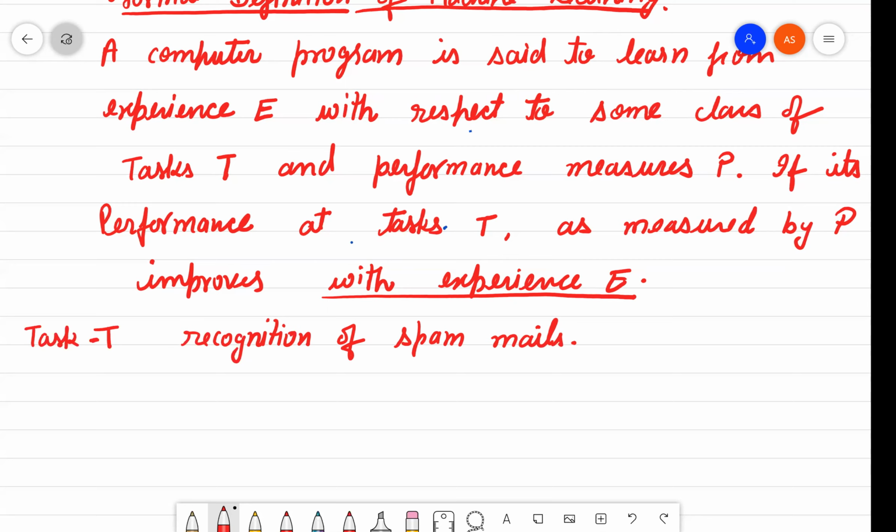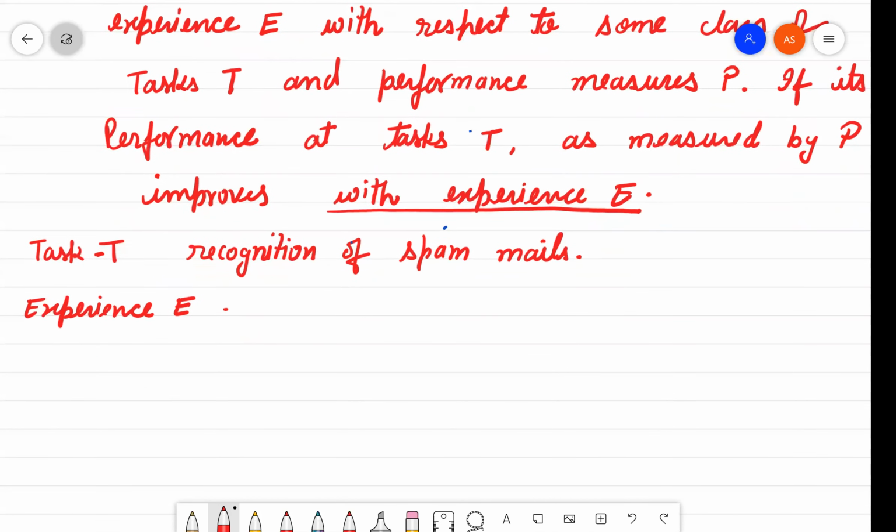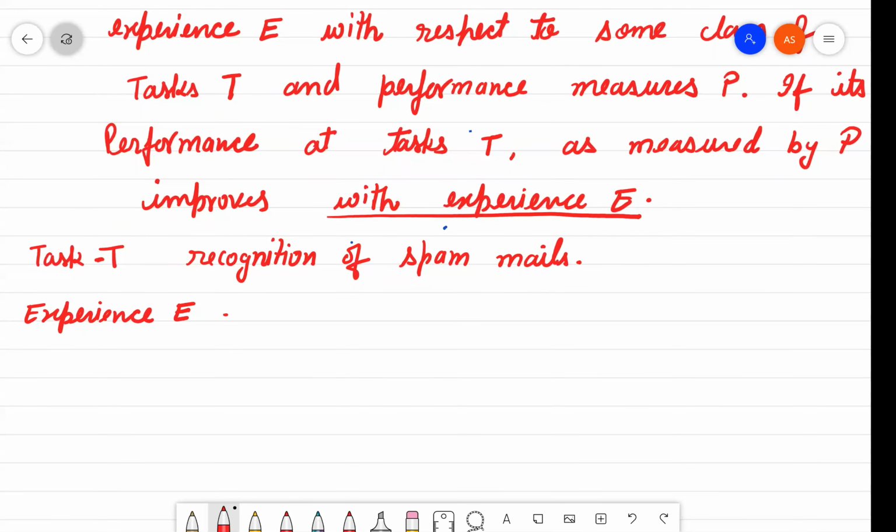Whether the mail is spam or not, this is the task. And suppose experience E is the data you give, the labels you give to the data, spam or not spam.